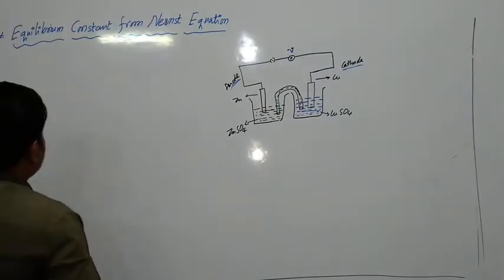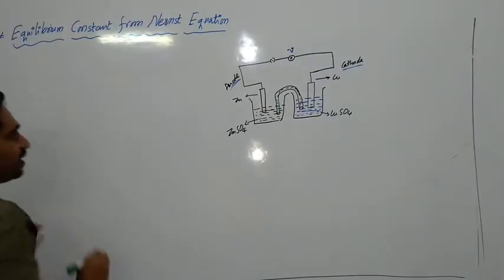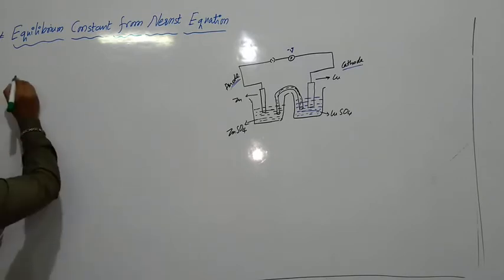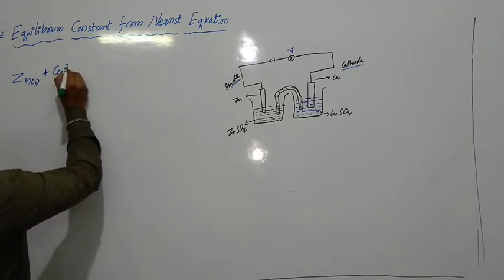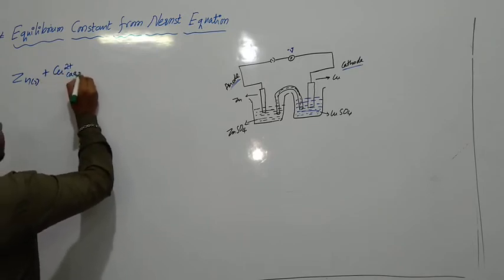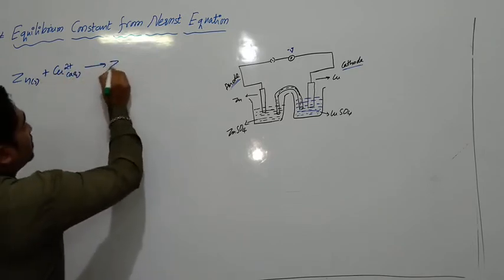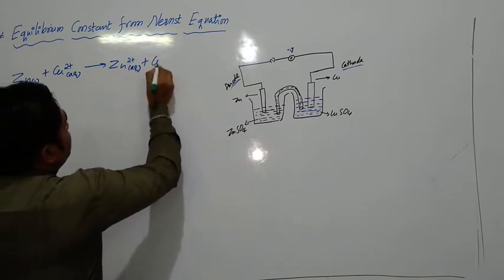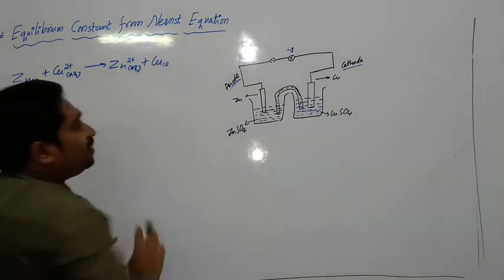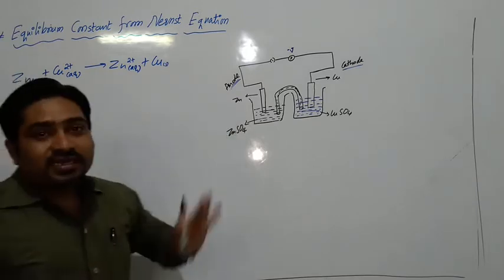It is nothing but Zn + Cu2+ gives Zn2+ + Cu.